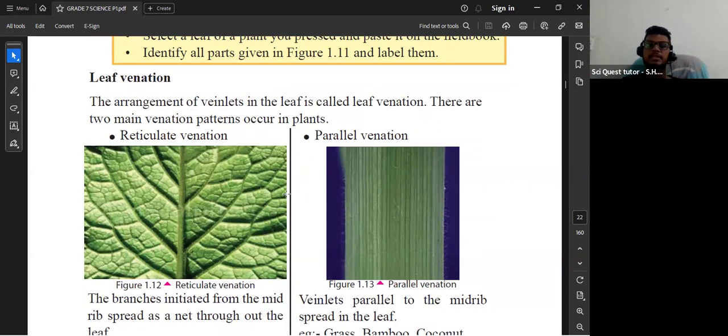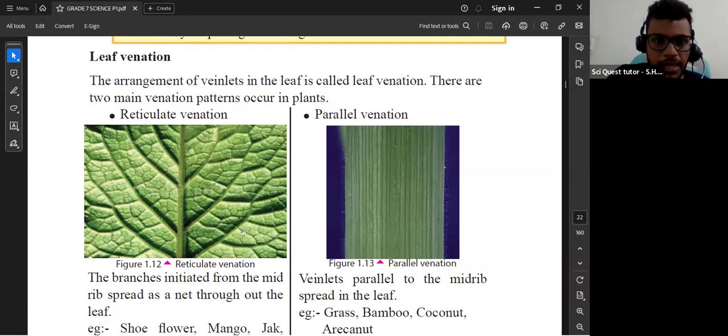Number one is the reticulate venation. Now it might be a bit difficult or confusing because you have not heard these words, right? But it is very, very simple. I will explain why it's known as reticulate venation. Venation means the arrangement of veins, right?